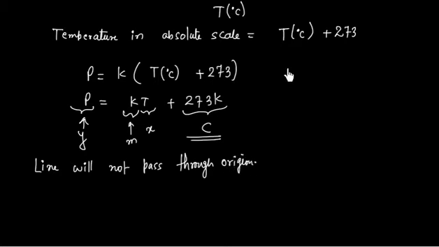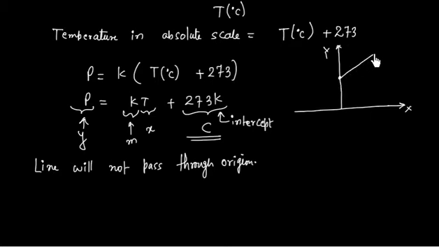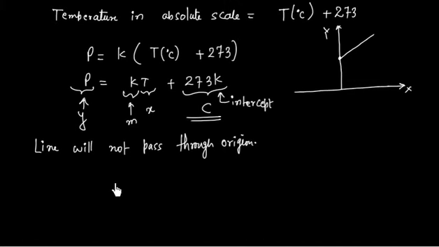So let us see what we have this time. This is the x-axis and this is the y-axis. So it will have an intercept, and 273 into K is the intercept on the y-axis. So we will have a positive intercept, and this is a straight line, and this line will cut the x-axis when pressure is equal to 0.